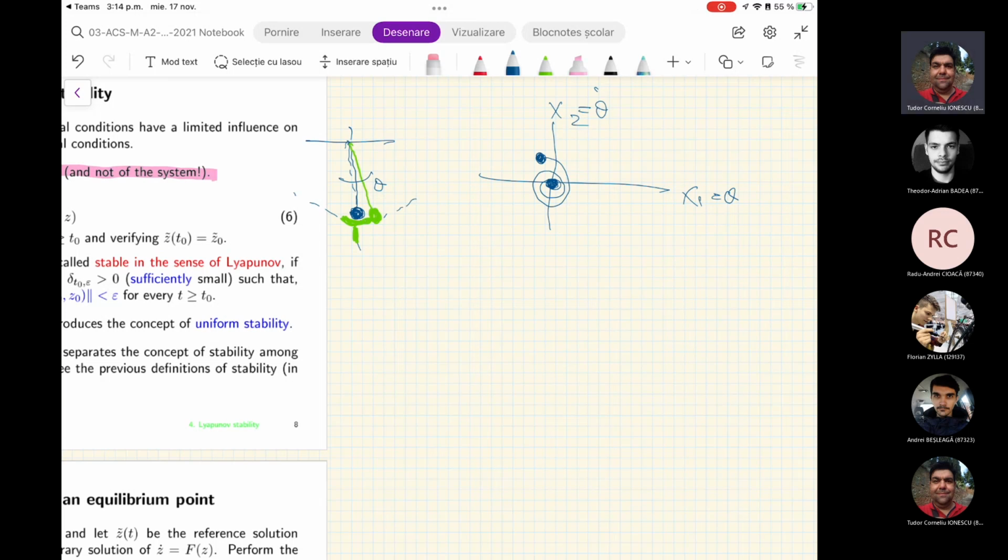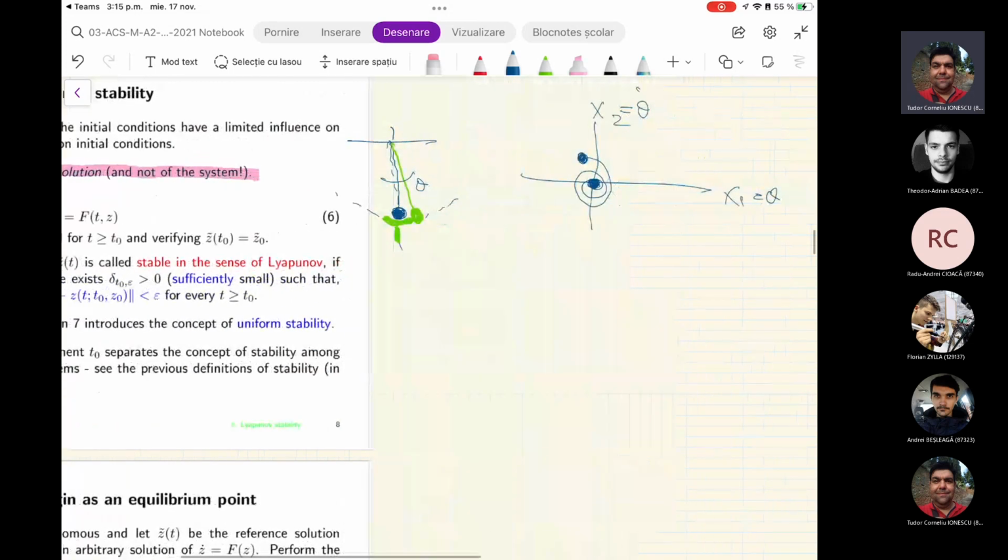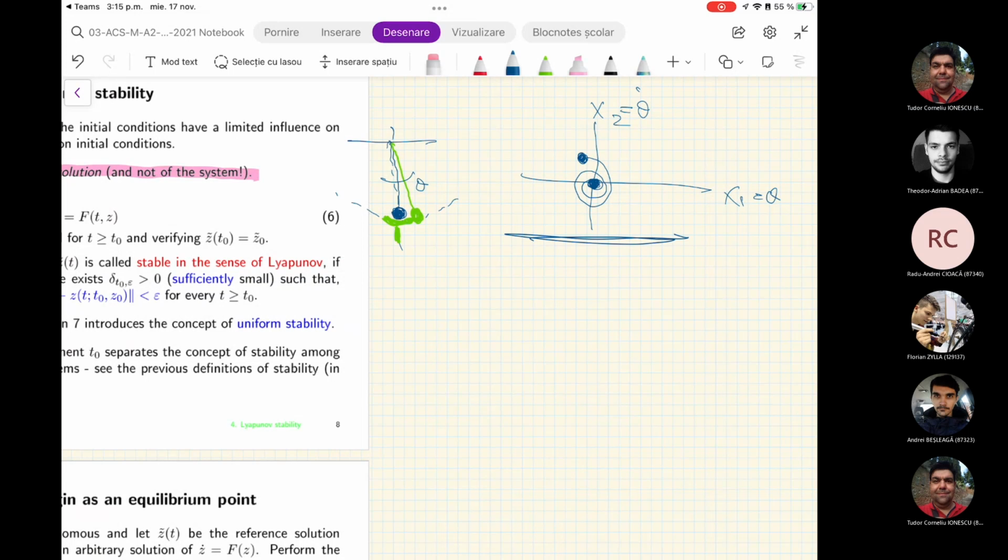If this is a stable trajectory, okay, then a point is a trajectory in the phase space, the state space. Okay, a point is also a trajectory. So if this is stable, probably this behavior will occur. Actually, I should draw this using green.